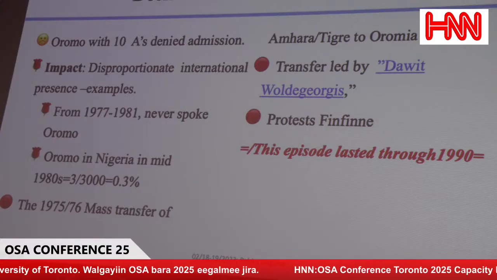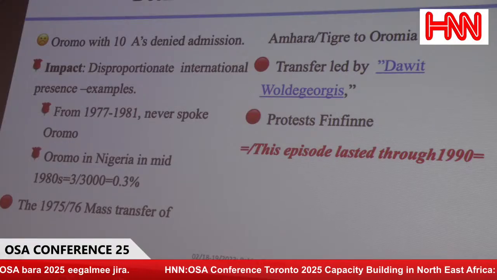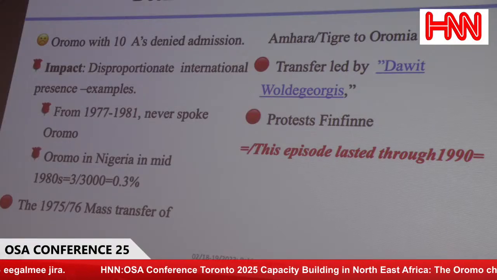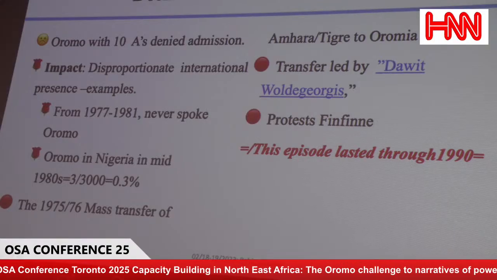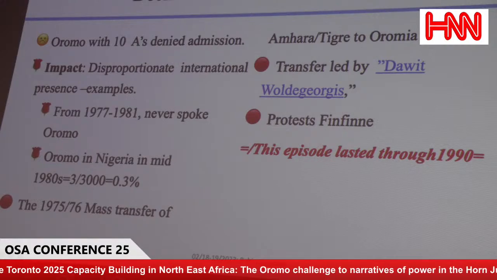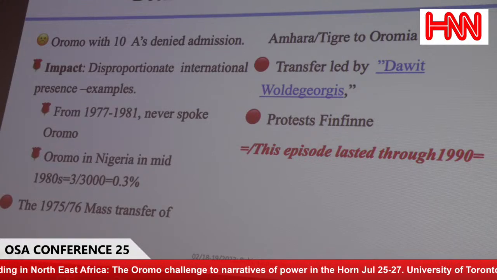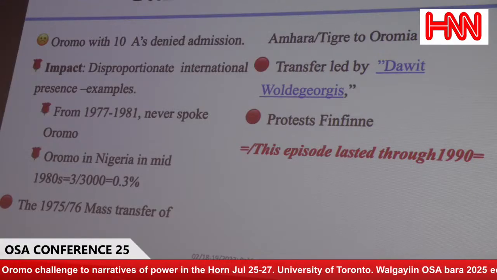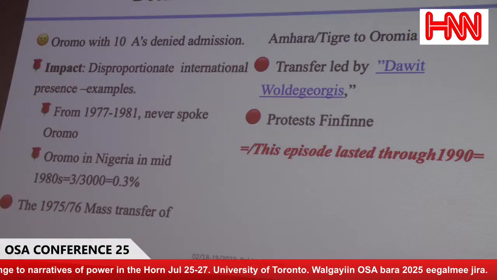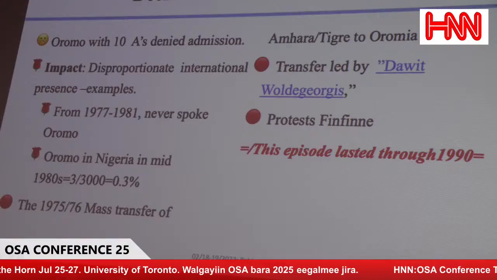For over 4 years I lived in West Africa. We were over 3,000 people from that empire, and the number of Oromos I came across in that period was 0.3% of the Ethiopians in Nigeria. Just to give you perspective of how the evil empire excluded us from every opportunity that a country offers to its citizens.